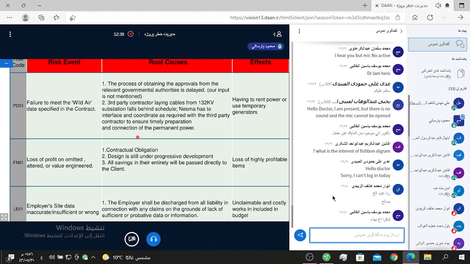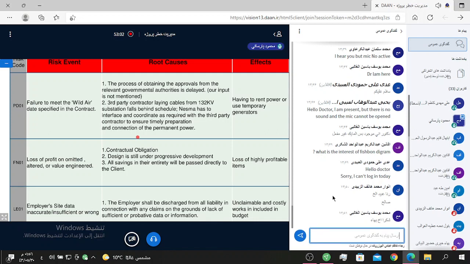And root causes, first one, the process of obtaining the approvals from the relevant governmental authorities is delayed.